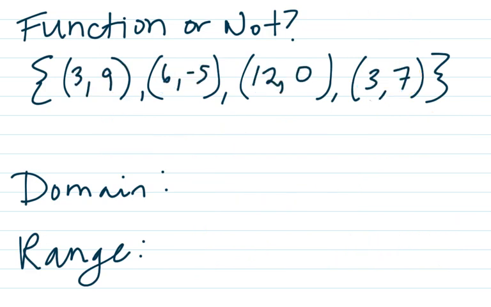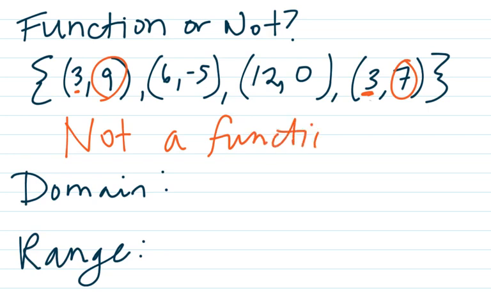So let's look at this one. We have the ordered pairs (3, 9), (6, -5), (12, 0), and (3, 7). We have repeats in our x values. Their y values are different, so we can say this is not a function. But it would be a relation, and so we can still state what the domain is.